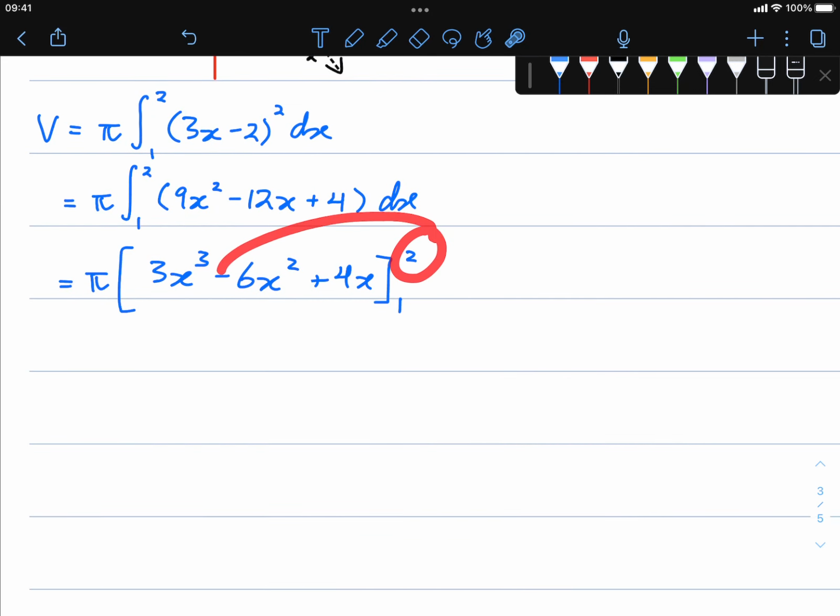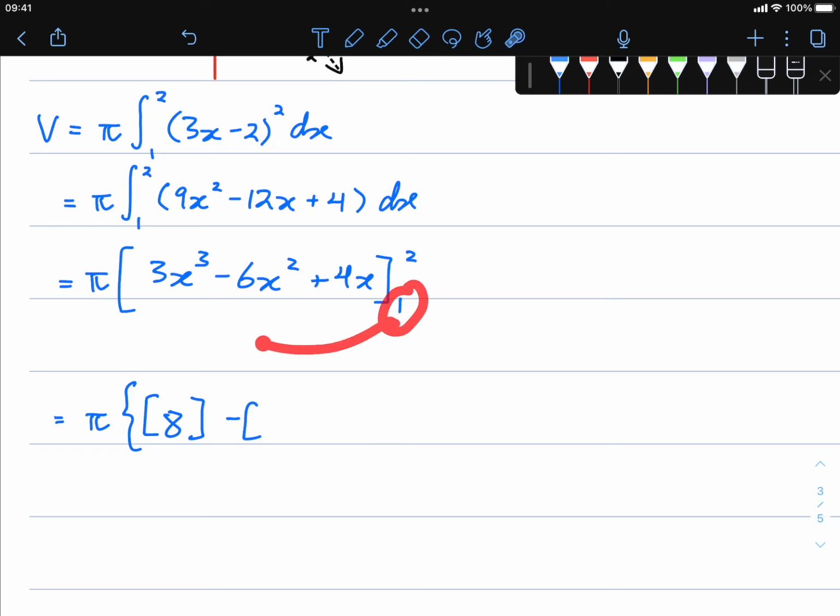Substituting 2 into all the x's, we get pi, let's use squiggly brackets for this, times, substituting this into a calculator, we get 8, minus, and now substituting 1 into all of these, we get 1.